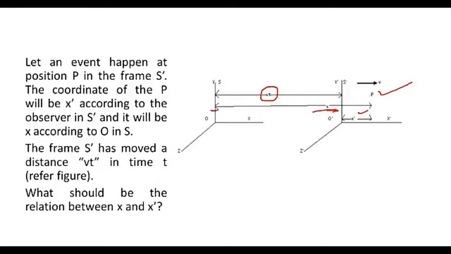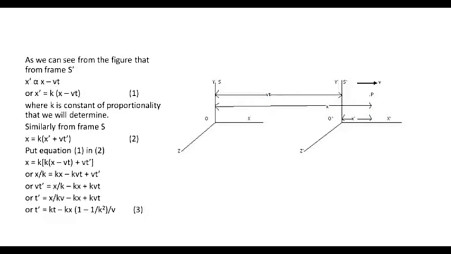Now what should be the relation between x and x dash? As we can see from the figure, from S dash, x dash is directly proportional to x minus vt. In the Galilean transformation equation it was x dash equal to x minus vt, but here it is proportional to x minus vt because here the velocity is comparable to the speed of light.